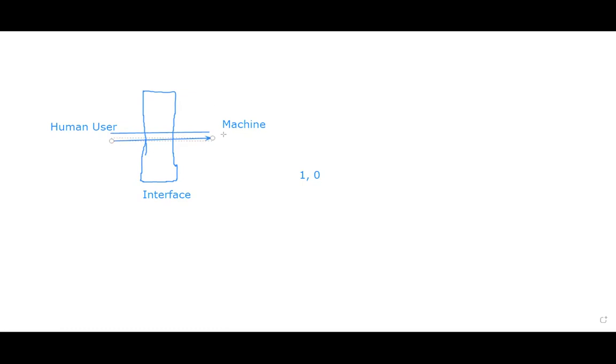So input will be converted by the interface to machine format, then the machine will process it, and once it completes the processing, the machine wants to tell the user. Again, if we put the output in ones and zeros, the person may not be able to understand. Therefore, it is very important to translate into natural language.